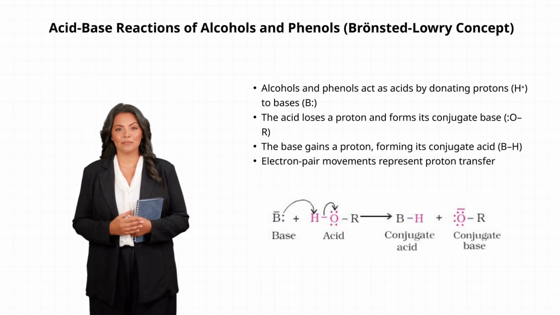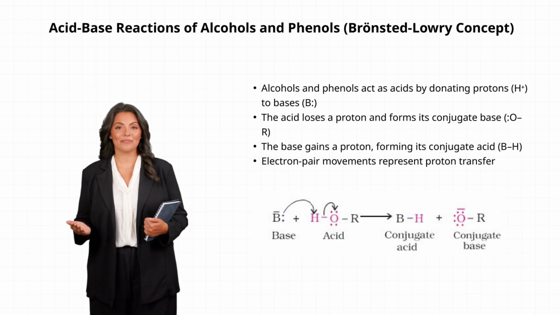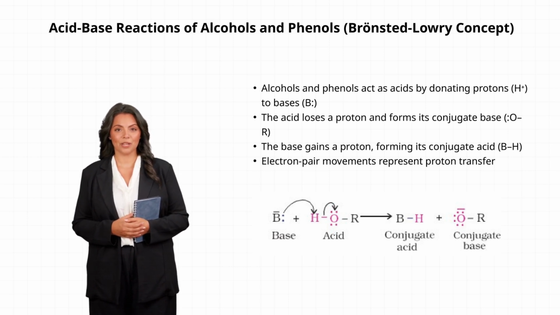This is illustrated by a curved arrow directing from the base's lone pair to the hydrogen. Simultaneously, another curved arrow moves electrons from the H-O bond to oxygen, showing bond breakage and proton loss. As a result, the base becomes its conjugate acid BH+, having gained a proton. The acid loses its proton and becomes the conjugate base RO-, possessing a lone pair of electrons on oxygen.